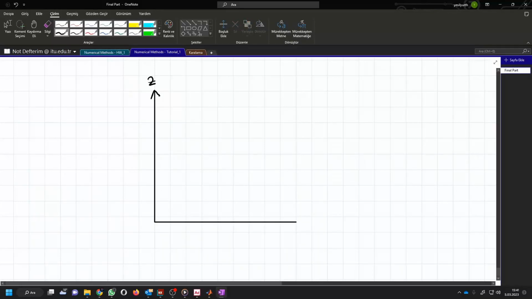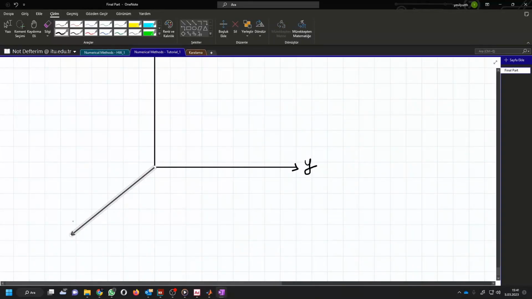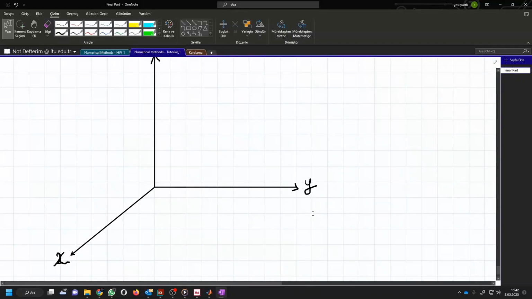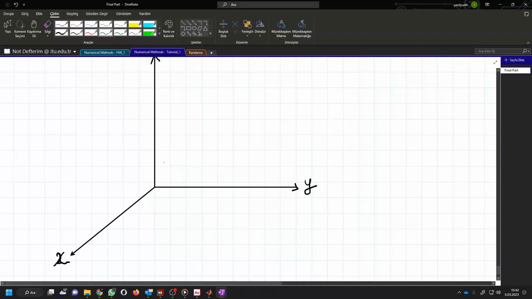This will be our z-axis, this will be y-axis, and we will have a x-axis here. Let's have an arbitrary shape like this.